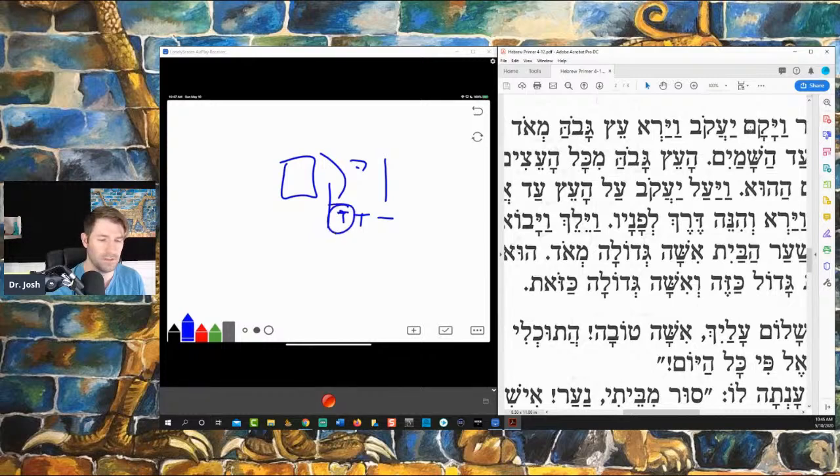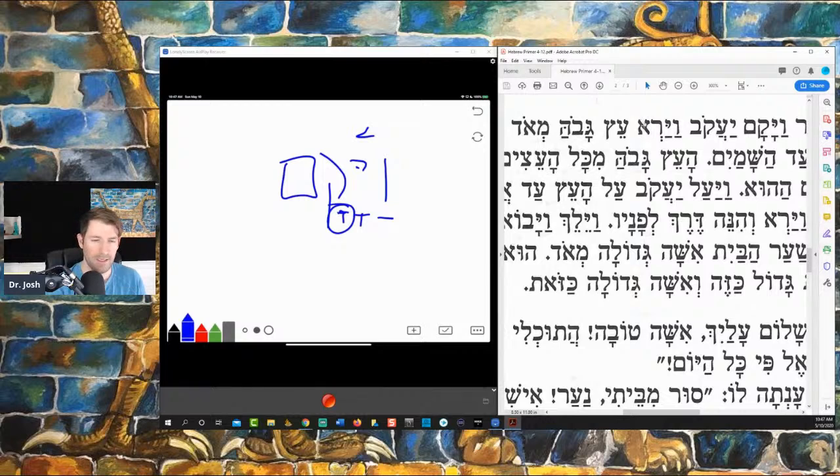vayakum. And this is that kametz chatuf. So it's not vayakam, it's vayakum. It's that long, short o-ish, u-ish. But it's from kum. And Jacob got up or arose, vayar, and he saw, from ra'ah.